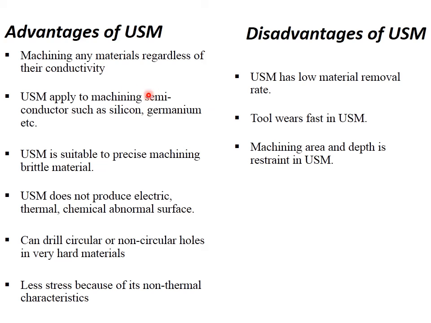So to cut the semiconductor, USM is suitable. Precise machining of brittle material: we know that in brittle material it is very hard to obtain dimensional tolerance or surface finish accuracy after machining because of the brittle nature. But in USM, that can be achieved because of the working principle.